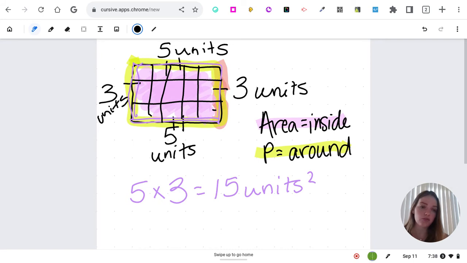So that is my 3 times 5. If you've already learned multiplication, you should know about arrays, which would look like 1, 2, 3 times 1, 2, 3, 4, 5.